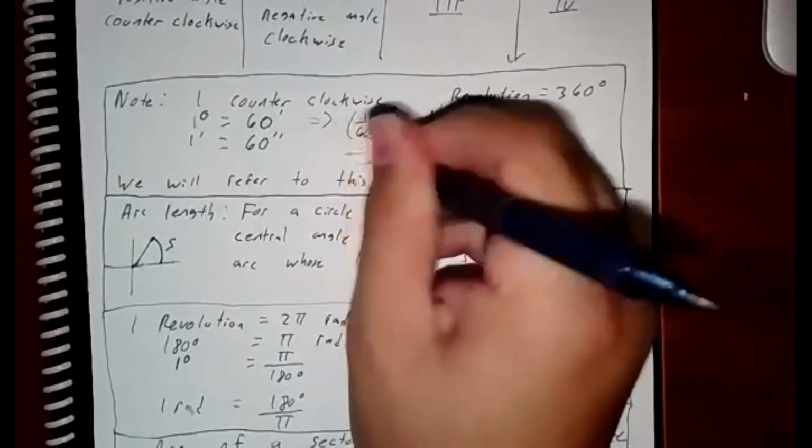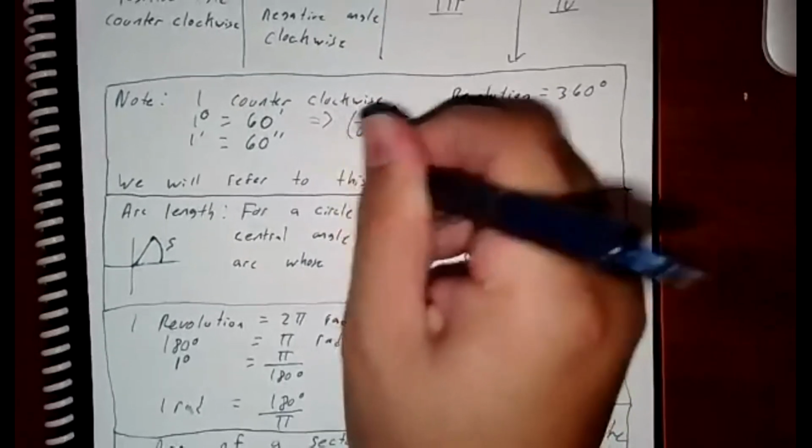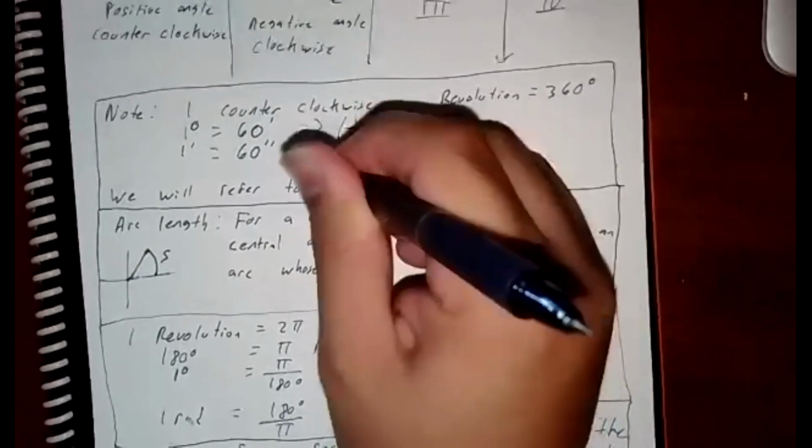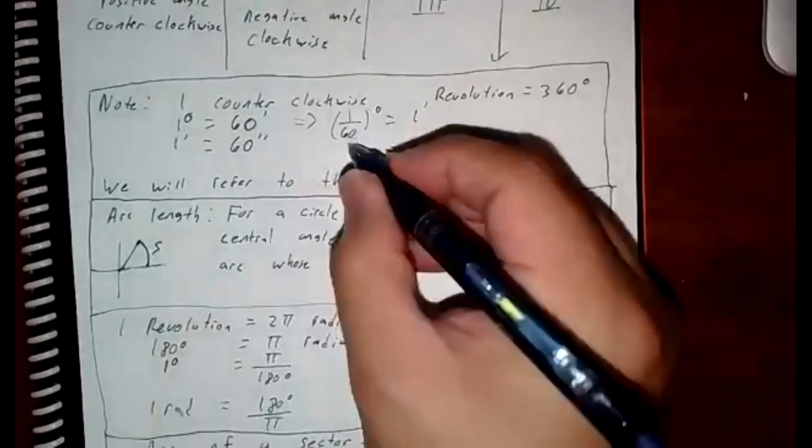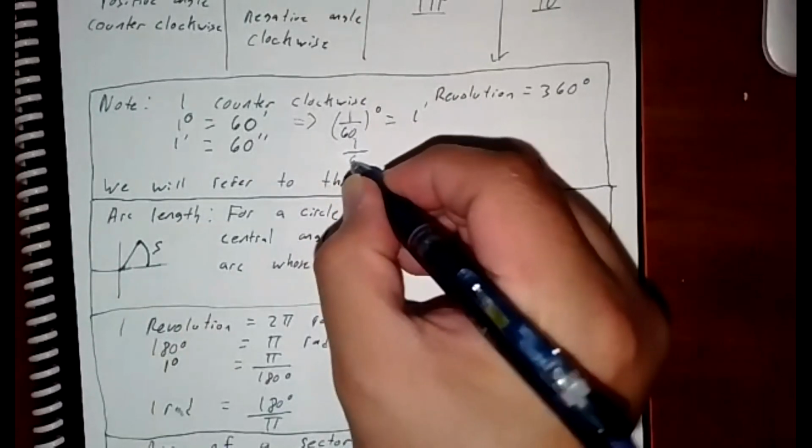I should have left more space, darn it. If you divide both sides by 60, we're going to have this here.